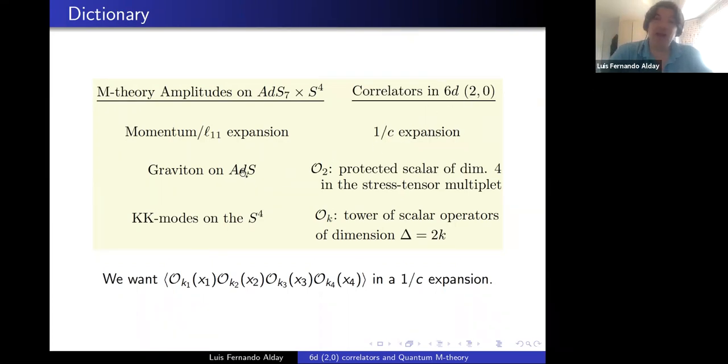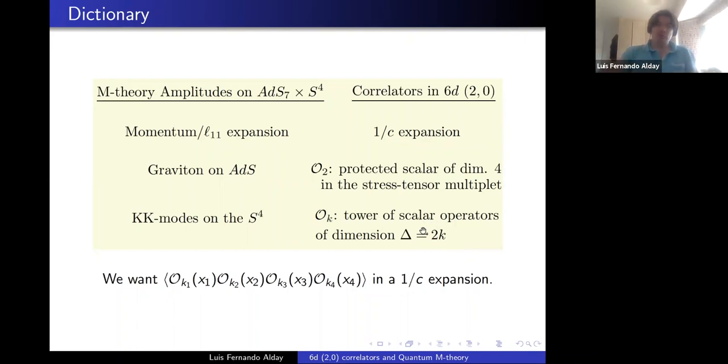On the other hand, the graviton on AdS maps to O2, which is a protected scalar operator of dimension 4 in the stress tensor multiplet in the (2,0) theory. Since we have an S4, we also have a tower of Kaluza-Klein modes on the S4, and these map to a tower of scalar operators, which I will denote by O_k, of dimension Delta equals 2k.